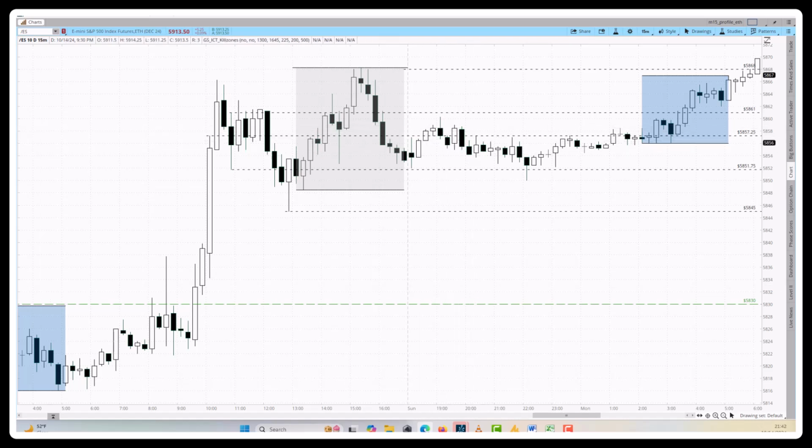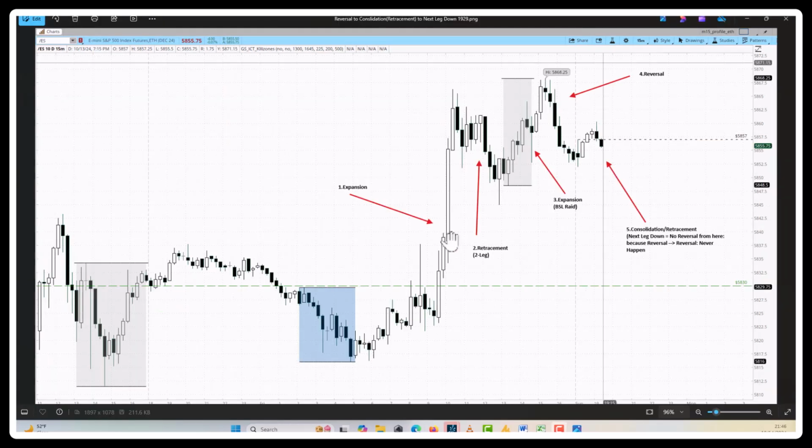We need to try the short right here. Here's the write-up we have for the trade. Looking at when it closed on Friday, we see that this is the expansion, and then you have a retracement here. Retracement, expansion, retracement. Basically it's a retracement, but it's too late right there.